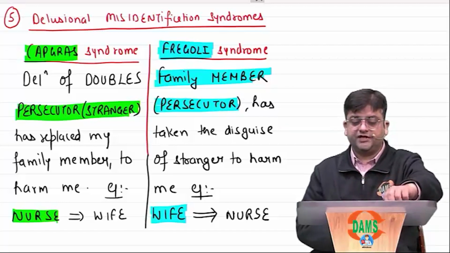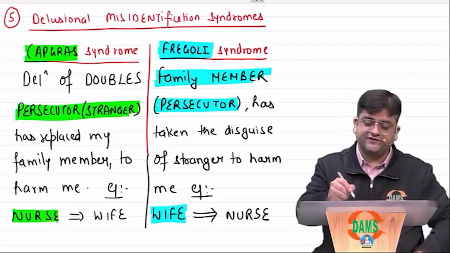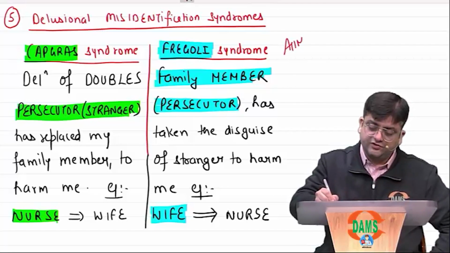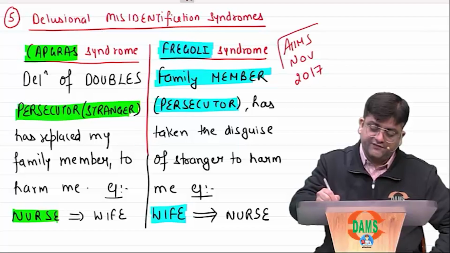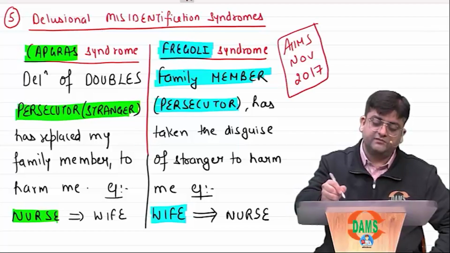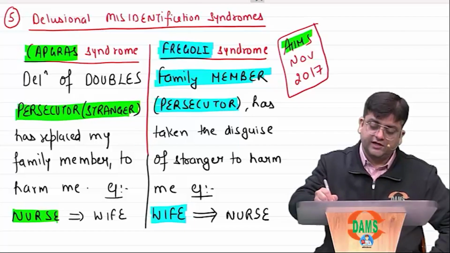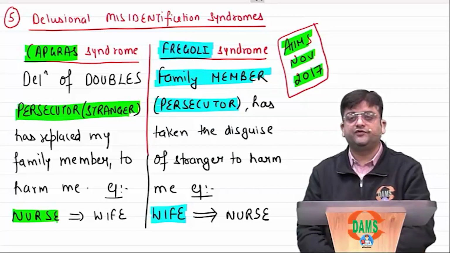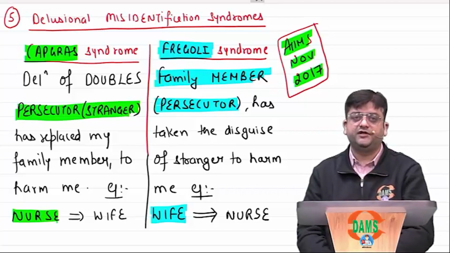The same question came in AIIMS November 2017 and it was very confusing. So that's why I'm saying you just remember like this. If an outside person wants to harm, it is Capgras. And if a family member wants to give you goli, it is Fregoli.